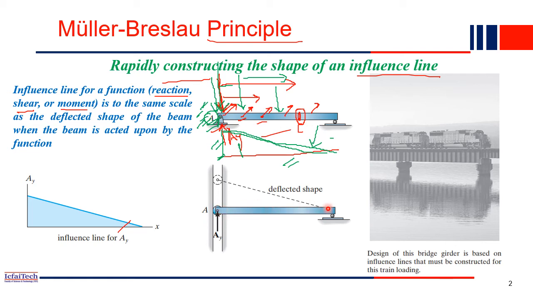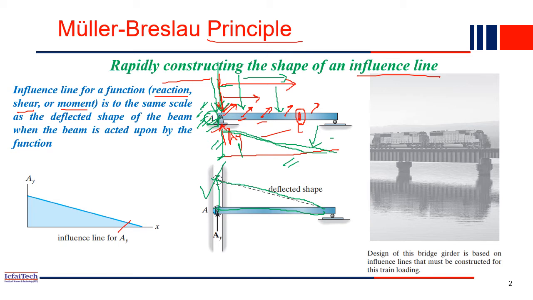Once we apply that, what will be the shape? This beam will be in this deflected shape after application of AY. So the beam's deflected shape is this one now, and this is our influence line diagram. This is simply the shape of the influence line diagram. No calculation, nothing.